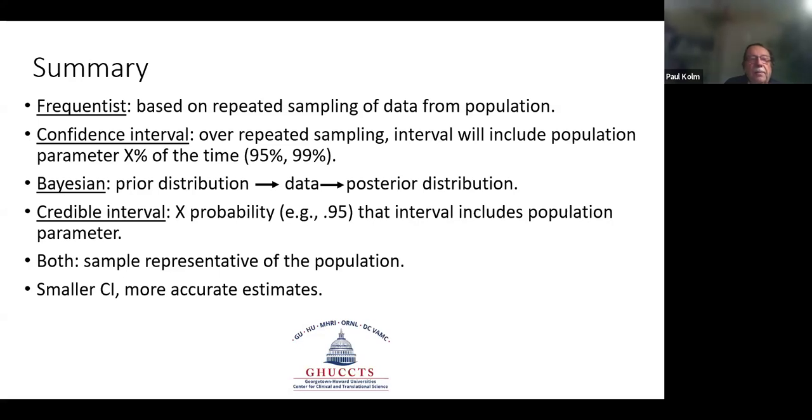And in both cases, whatever interval you're talking about, a confidence interval or a credible interval, the smaller it is, the more accurate your estimates, whether it's over repeated sampling or the probability. Even if you're calculating a 95% credible interval, the smaller that is, the better your estimate.